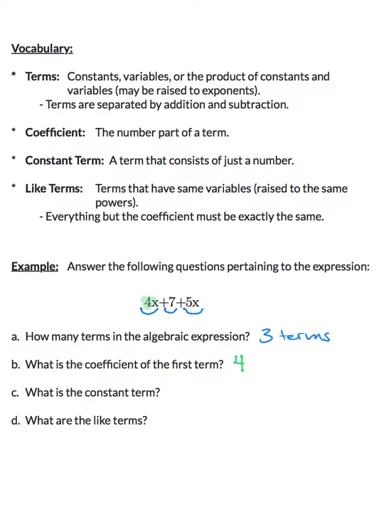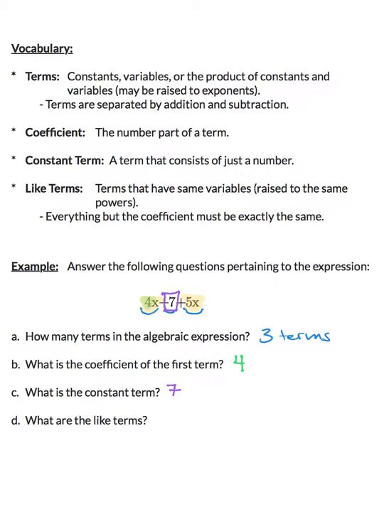What is the constant term? Constant term, remember, means there are no variables. And so our constant term is going to be 7. And finally, what are the like terms? Which ones have everything but the coefficient being the same? Well, for that we have our 4x and our 5x.